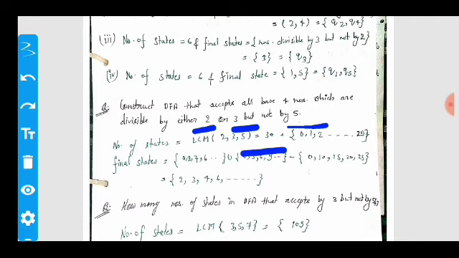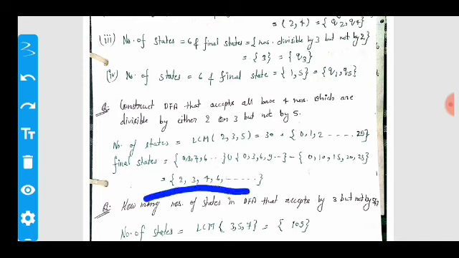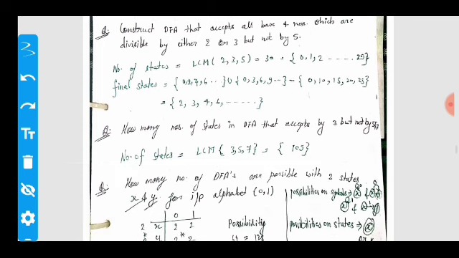Hence the final states are taking the LCM of 2 and 3, because it is either 2 or 3 but not 5, so we subtract the multiples of 5 from the union of 2 and 3. So we get 2, 3, 4, 6 and so on, which are your final states. Now move on to the next question.